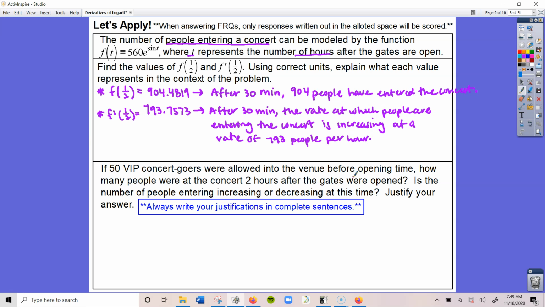Remember that f of t represents people and t represents hours, so we would say people per hour, just like slope.